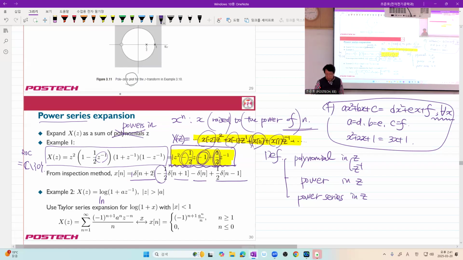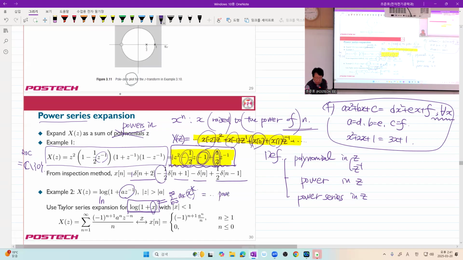And you know the Taylor series expansion of log 1 plus x. What is that, by the way? You find it. Anyway, by writing this as a Taylor series and replacing x with a times z inverse, then you have what?